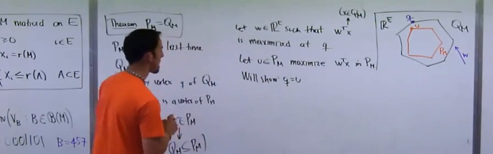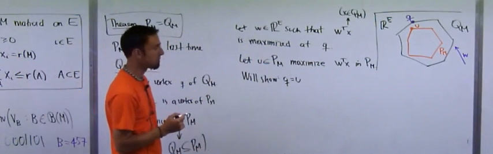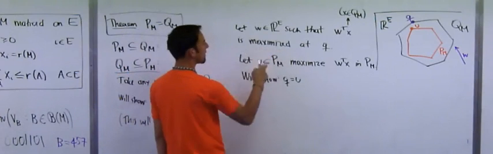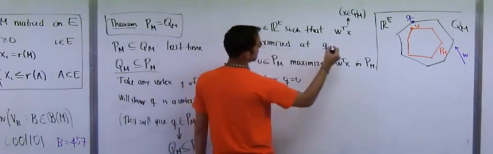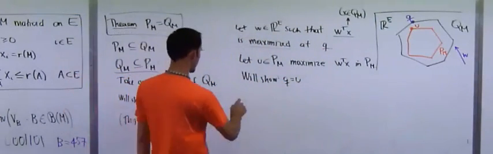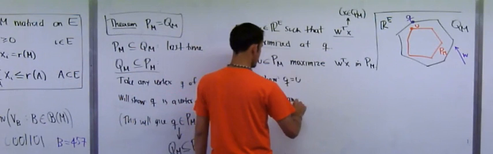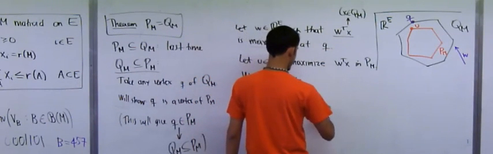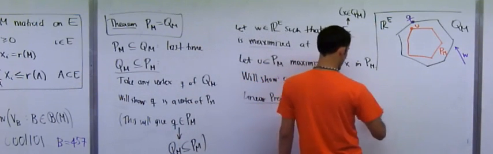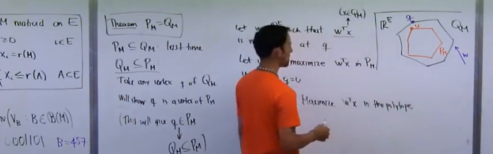Now, the point is that I want to use linear programming, right? So there should be a linear program here. And you see that actually we have exactly a linear program, because what we're doing is maximizing W transpose X over a polytope. So what's my linear program? We want to maximize W transpose X in the polytope Q sub m.